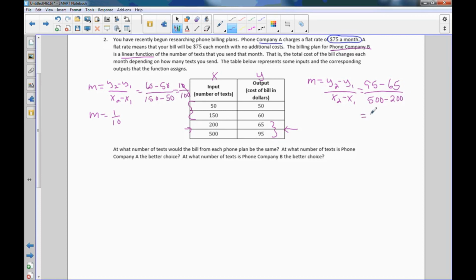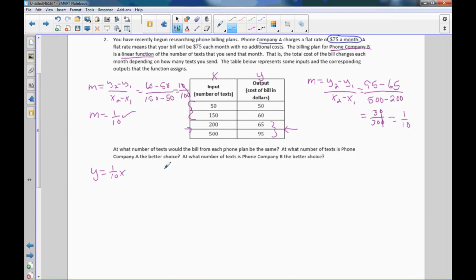So that equals 95 minus 65 is 30, and 500 minus 200 is 300, and the zeros cancel, and 3 over 30 equals 1 over 10. So I got the same thing as here. So my equation for this linear equation is y equals 1/10 x.